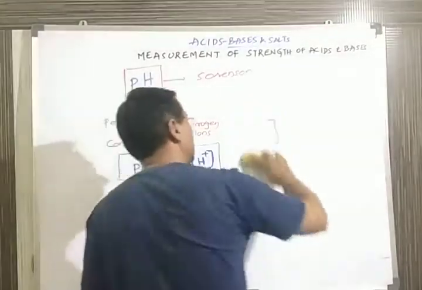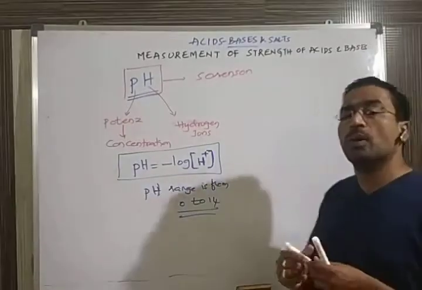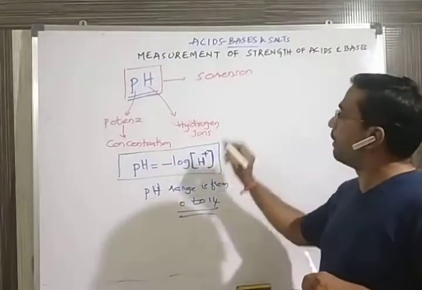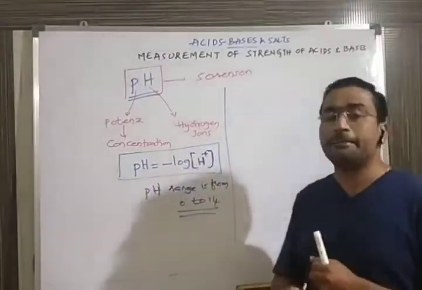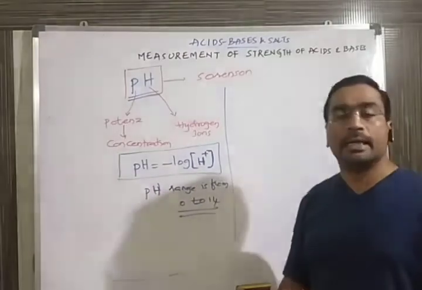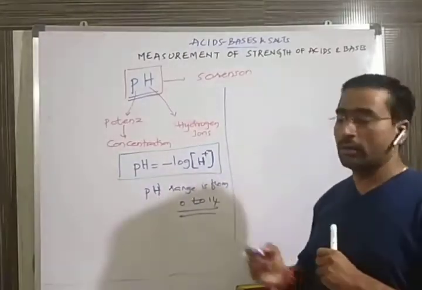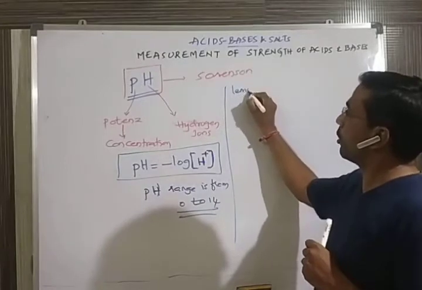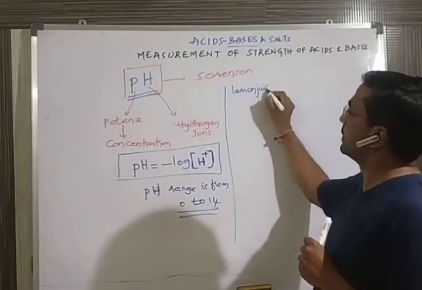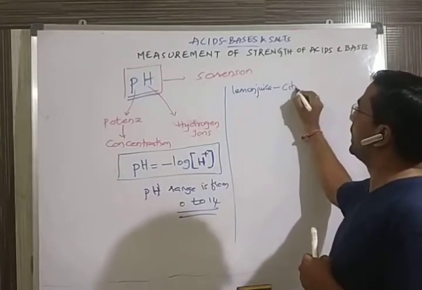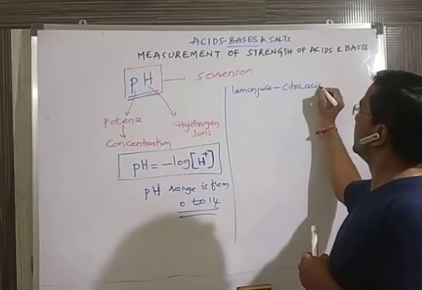I'll give you one example of how this formula helps us calculate pH. Suppose I take lemon juice. Lemon juice contains an acid called citric acid.